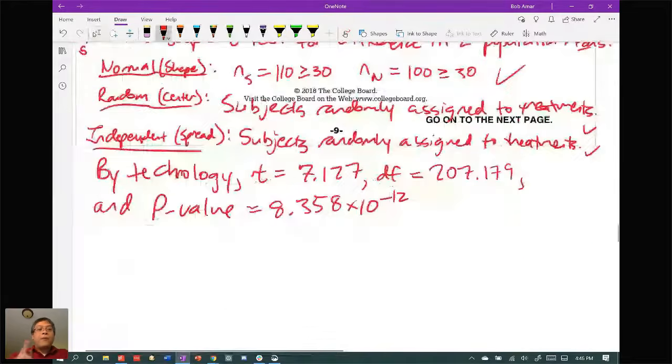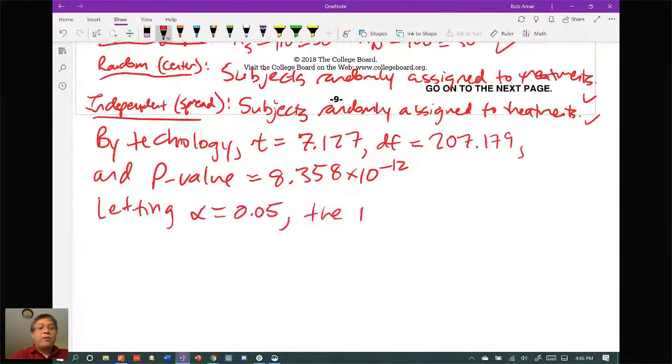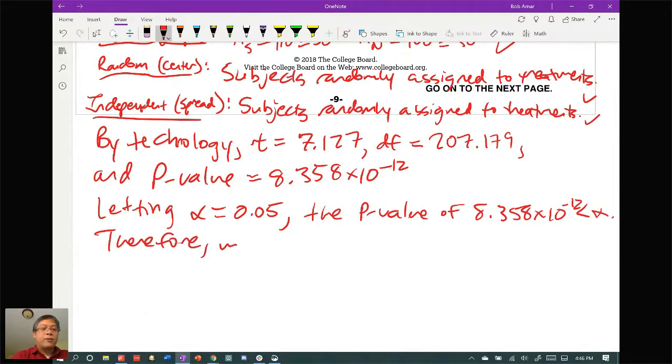Okay, I'm going to make a decision. Letting alpha equal 0.05, the p-value, 8.358 times 10 to the negative 12, is less than alpha. Therefore, we reject the null hypothesis.